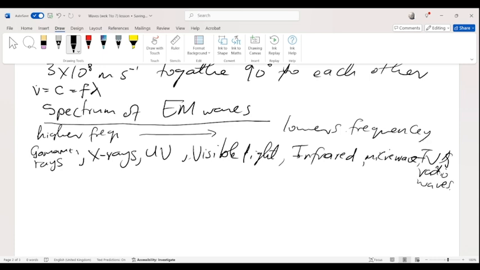So TV and radio waves are less harmful waves. Okay, so why do we have to learn this? It is very important because we need to know which waves are dangerous. The most dangerous waves, of course, are gamma rays.